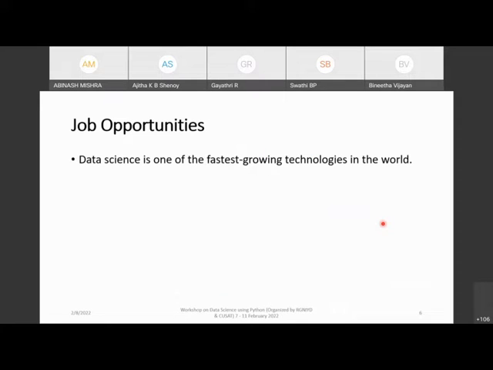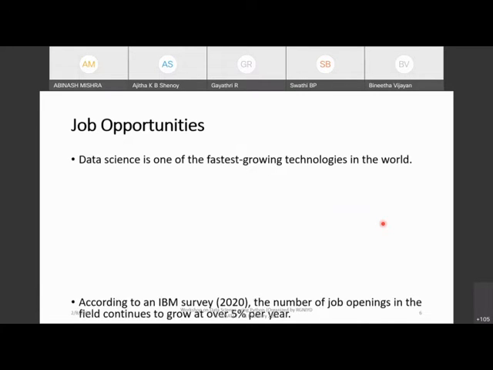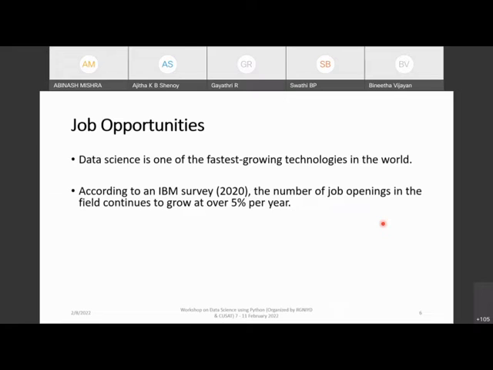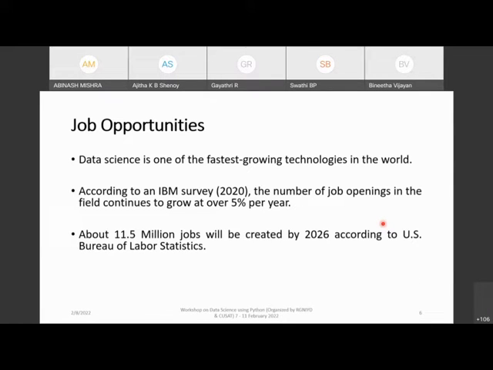So why people are interested in data science is just because of job opportunities. So data science is one of the fastest growing technologies in the world nowadays. According to the IBM survey 2020, the number of job openings in the field continues to grow at over 5% per year. About 11.5 million jobs will be created by 2026 according to the US Bureau of Labor Statistics.